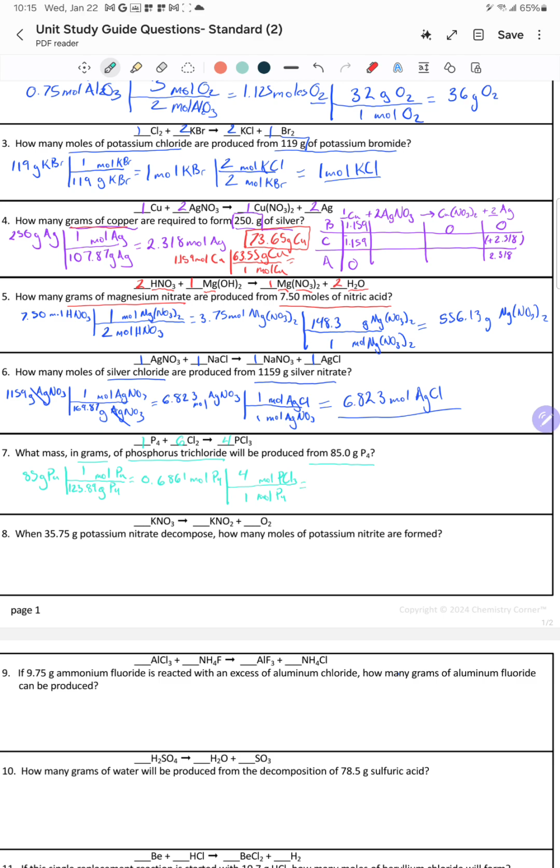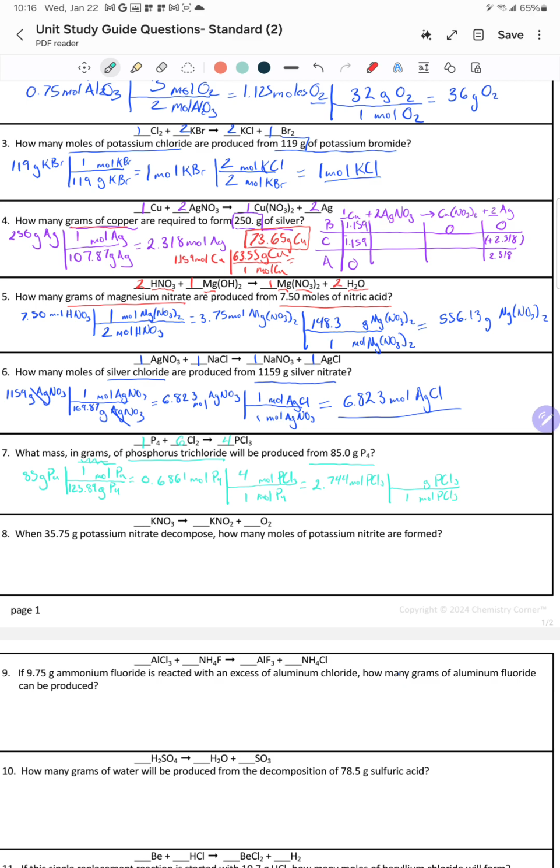So now I'm going to multiply 0.6861 times 4, and you should end up getting a total of 2.744 moles of phosphorus trichloride. Now you're going to convert that into grams because it said it wanted grams. So I need to convert it to grams of phosphorus trichloride from moles of phosphorus trichloride.